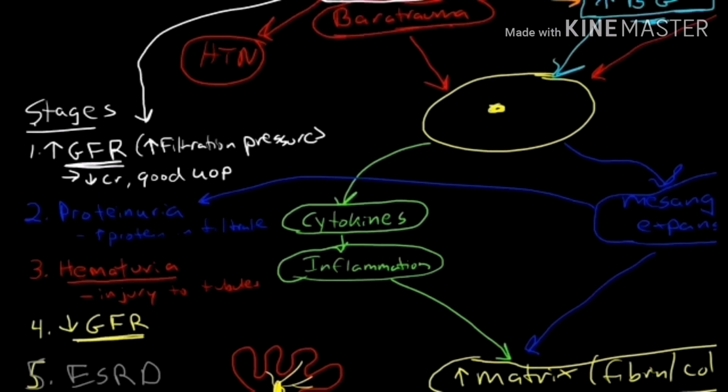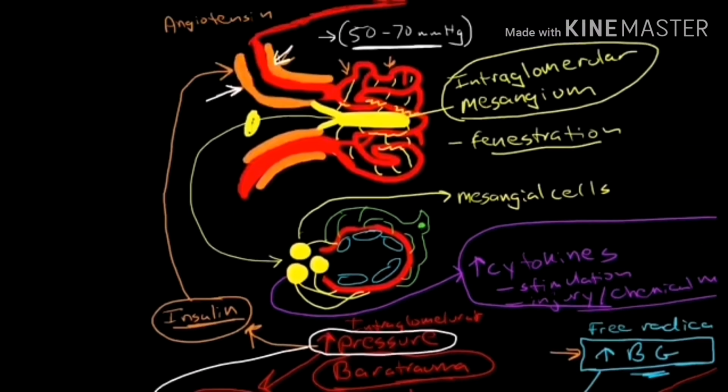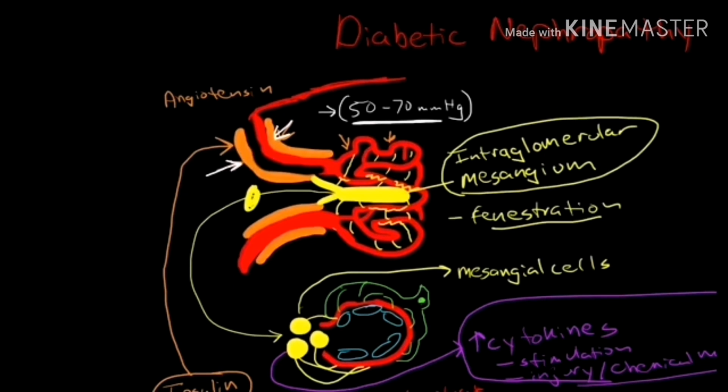Okay, so I wanted to point out a few differences between diabetic nephropathy and hypertensive nephropathy. The major difference is the way that they begin. Remember, hypertensive nephropathy begins with disease in the afferent arteriole, whereas diabetic nephropathy really is related to disease in the mesangium.